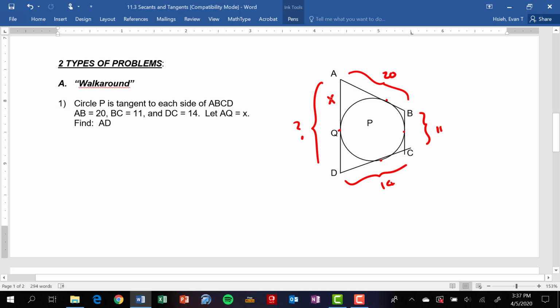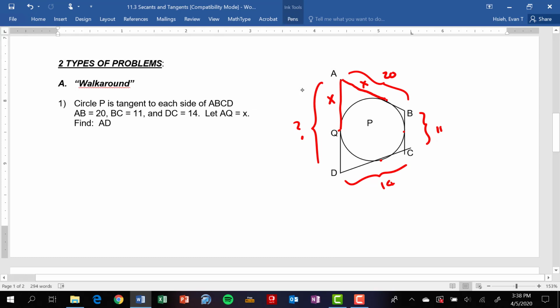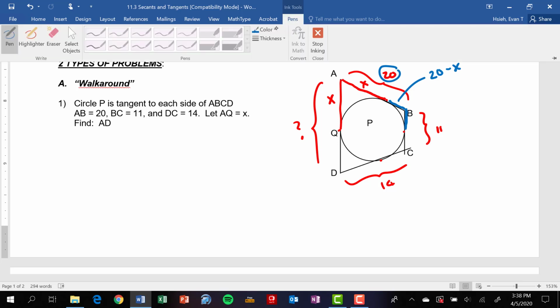And then hopefully you can see that if this is x, then this, from here to here, has to be x also, because from an external point, two tangents drawn to a circle are congruent to each other. And that means that this segment is going to be, well, this is 20, so it's going to be 20 minus x. And that means that that segment is also 20 minus x.